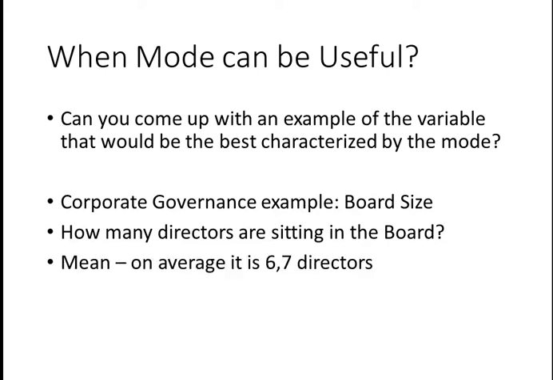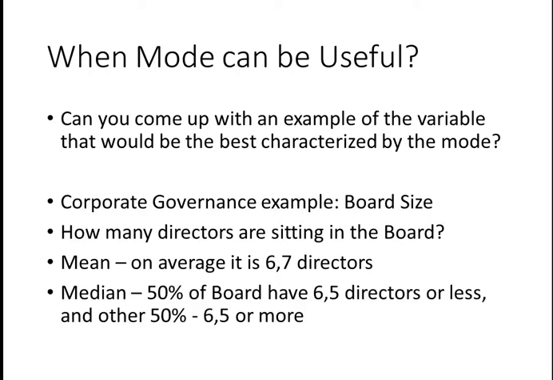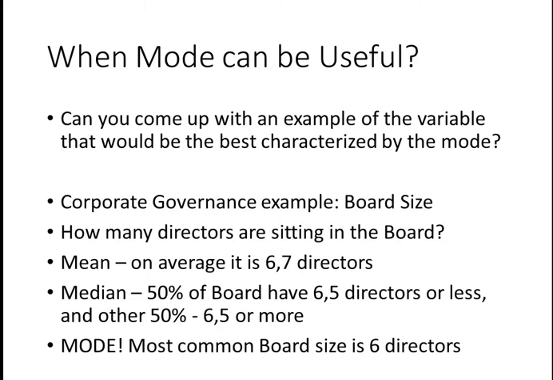While mean and median can give you some information, mode is likely to be the best illustrative measure, as it will show the most common number of directors on the board.